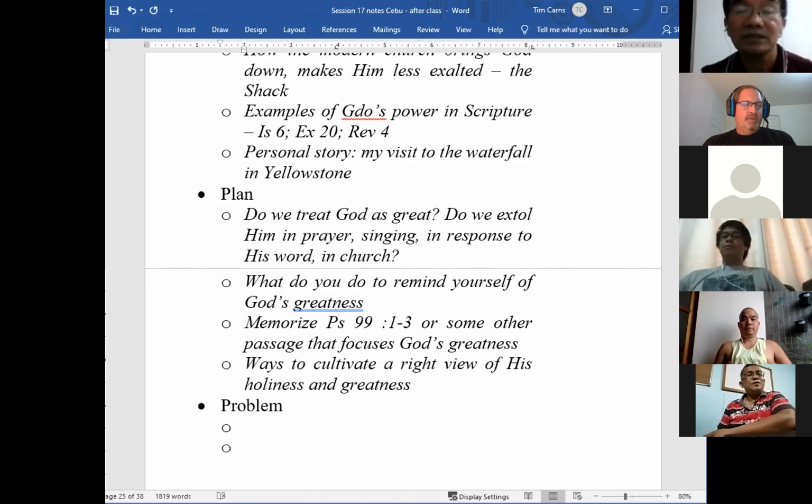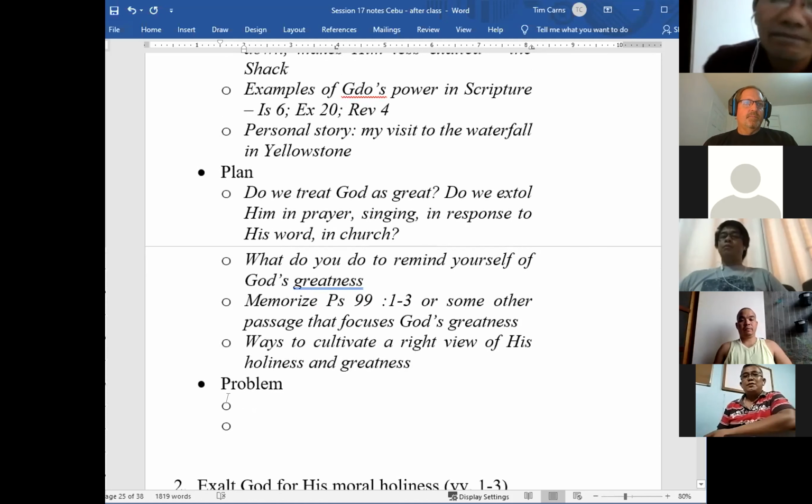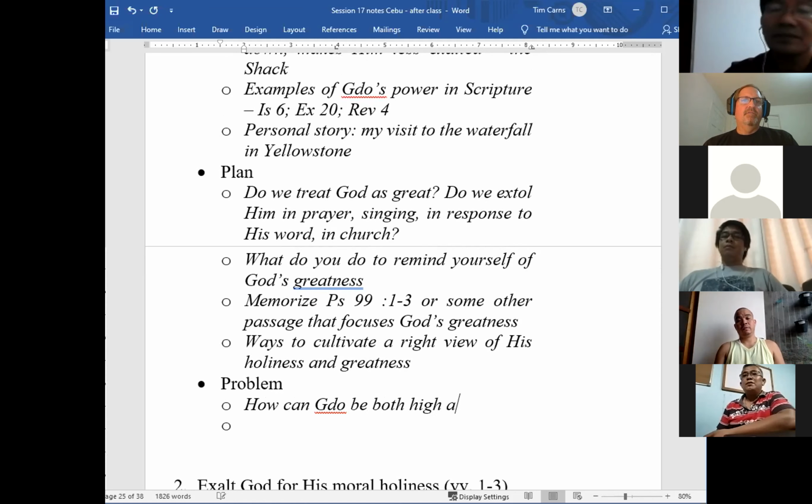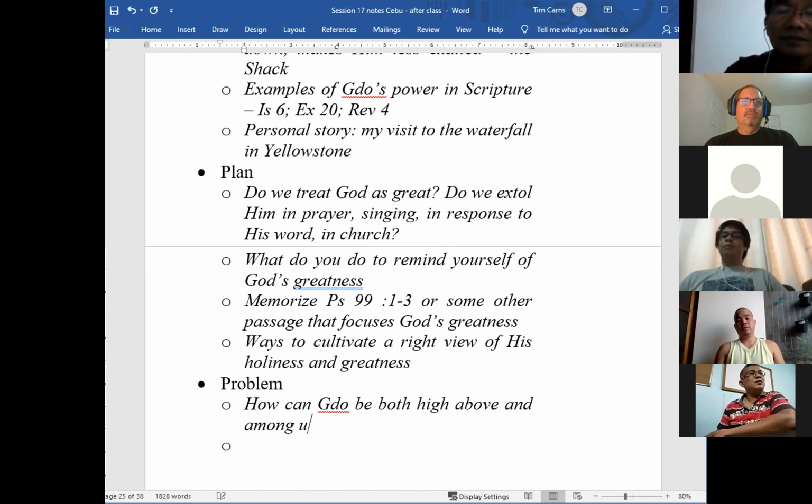And then finally, a problem. How can God be both high above and among us? If you are familiar with these terms, transcendent and immanent. Transcendent means high above. God is far above us, but immanent means that he dwells among us, ever present.